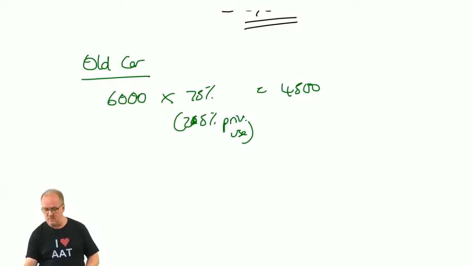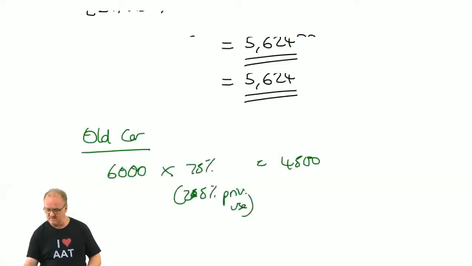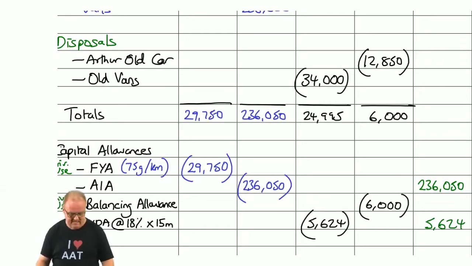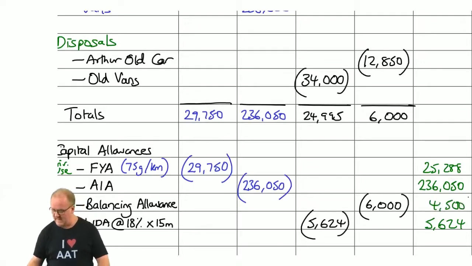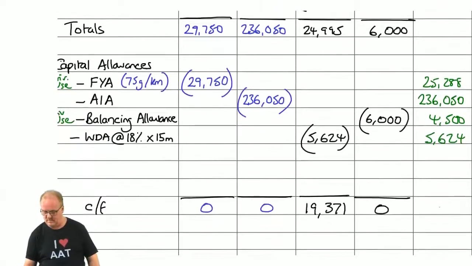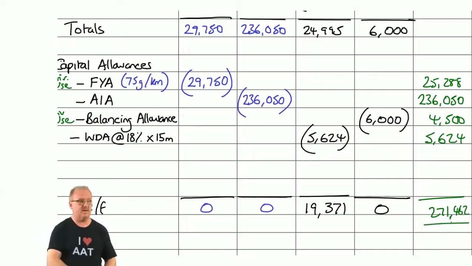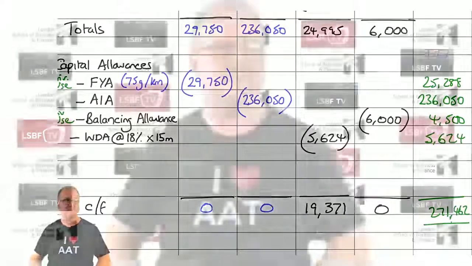Same thing with the other one, but multiplying it by 85%, and that gives you 25,288, and 4,500, and a total of 271,462, and we are done.